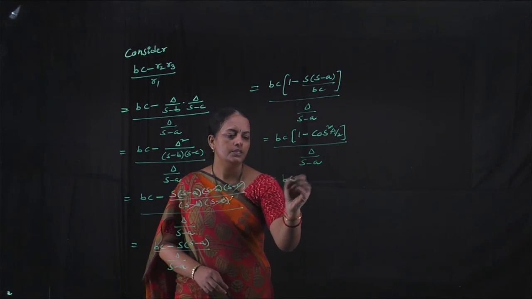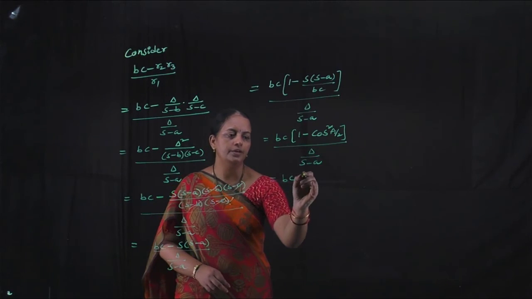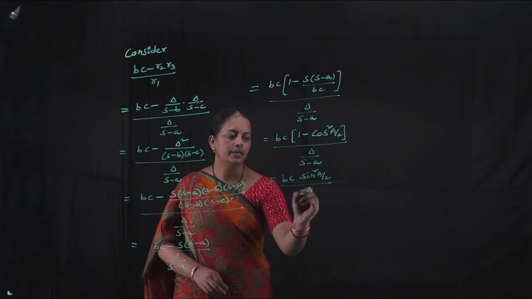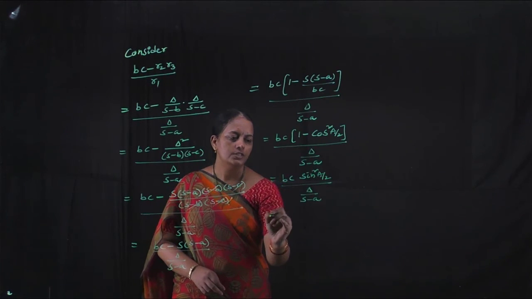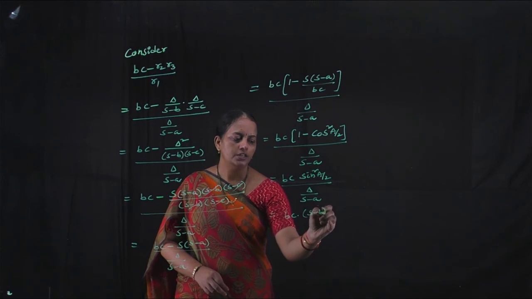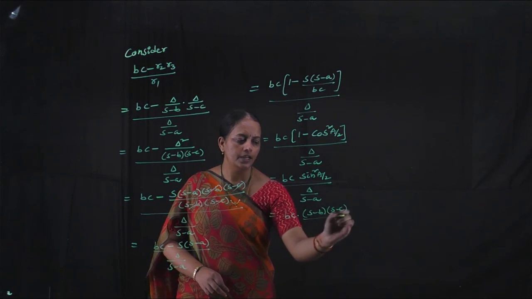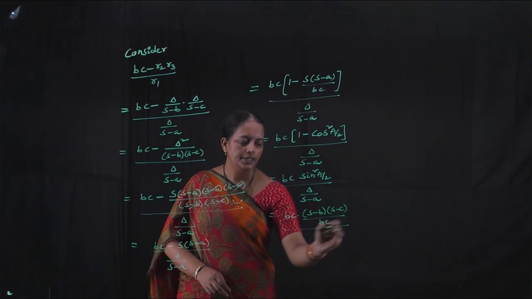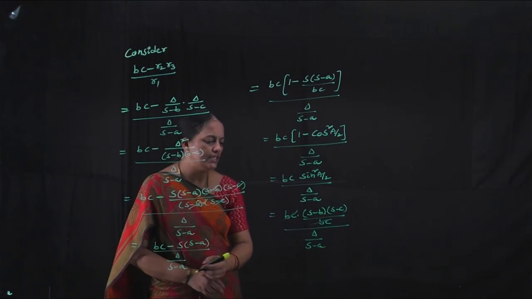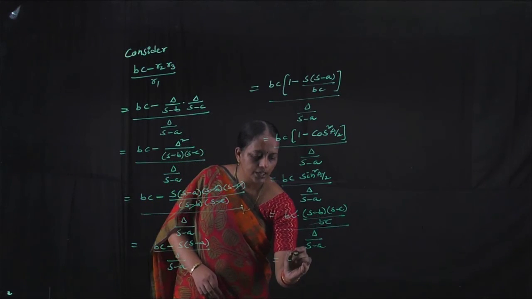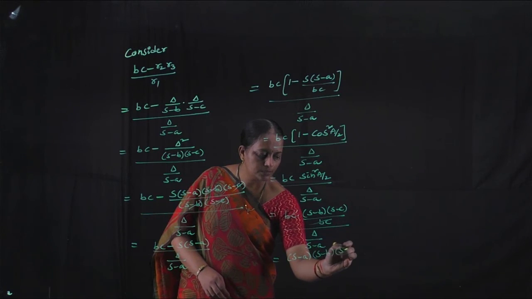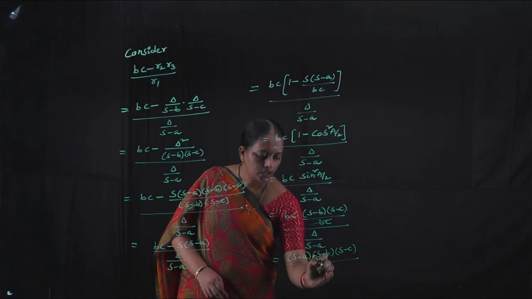This is equal to BC into 1 minus cos square A by 2, that is sin square A by 2, by delta by S minus A, which is equal to BC into sin square A by 2, that is S minus B into S minus C by BC, by delta by S minus A. Here BC cancels. It can be written as S minus A into S minus B into S minus C by delta.